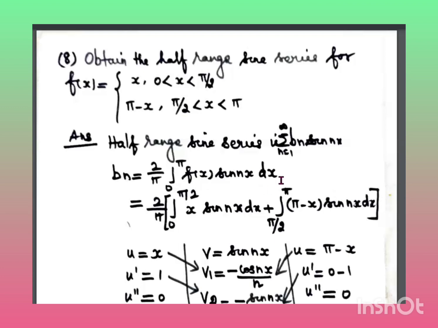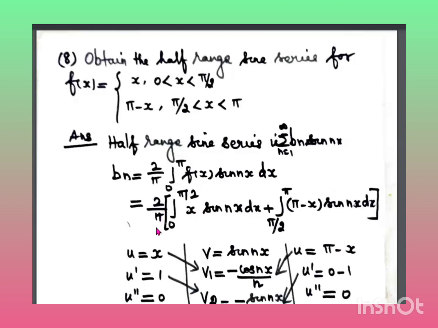The 0 to pi interval is divided into two sub-intervals, and that is very important. One is 0 to pi by 2, and the other is pi by 2 to pi.